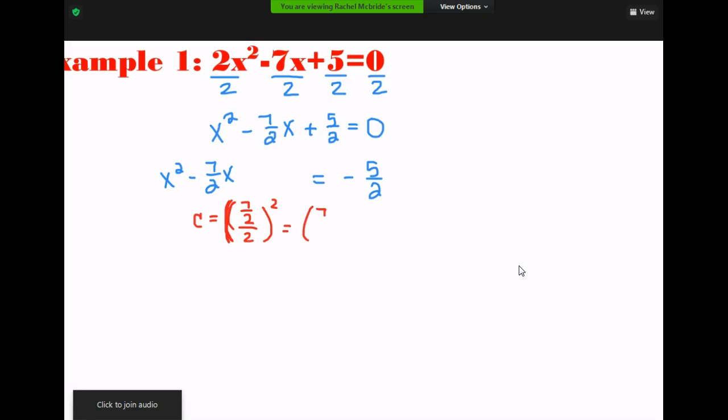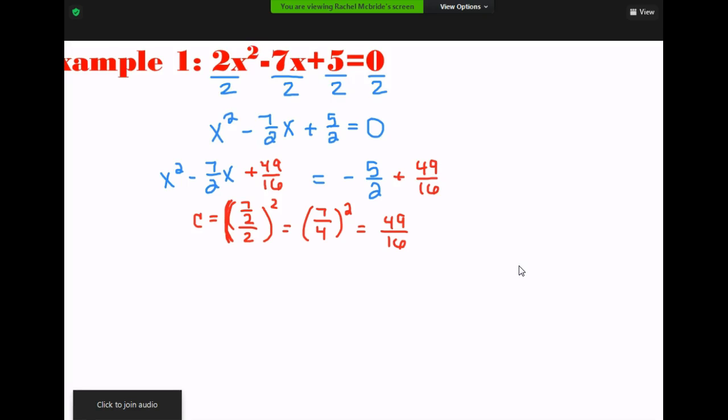So that really becomes 7/4 squared, or 49 over 16. So then what we do is we add 49 over 16. And if you add it to the left, you have to also add it to the right.